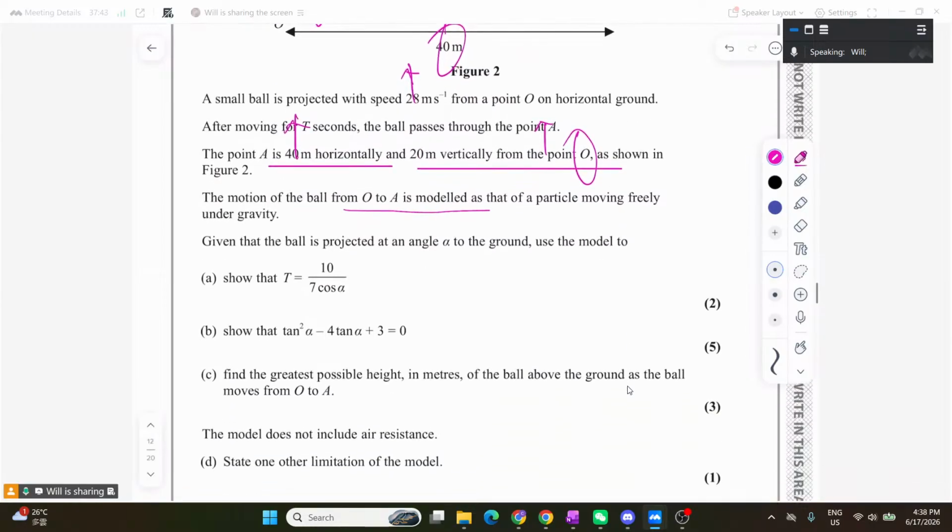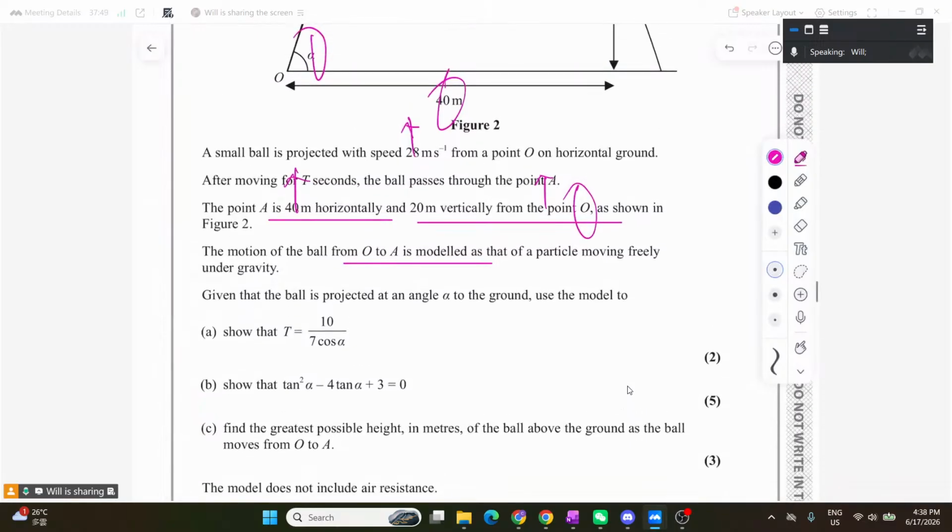The motion of the ball from O to A is modeled as that of a particle moving freely under gravity. Given that the ball is projected at an angle alpha to the ground, use the model.